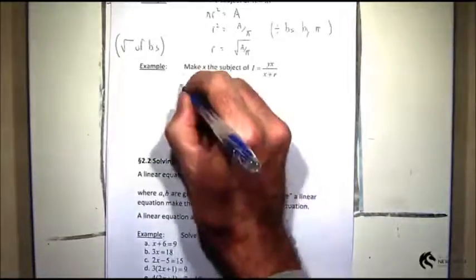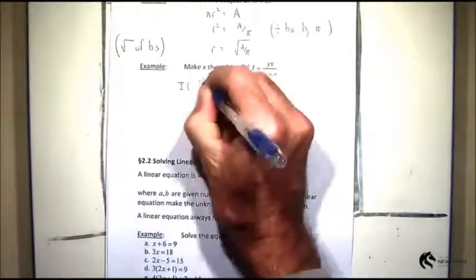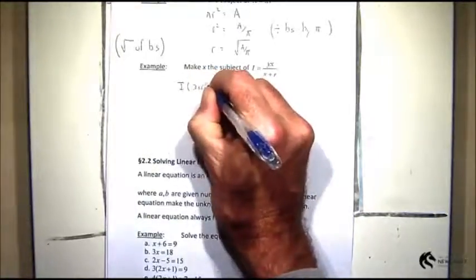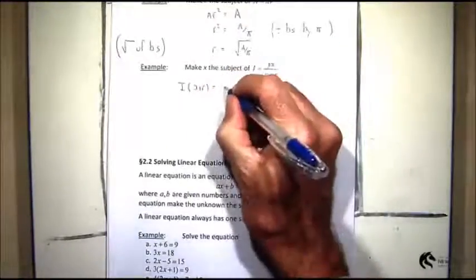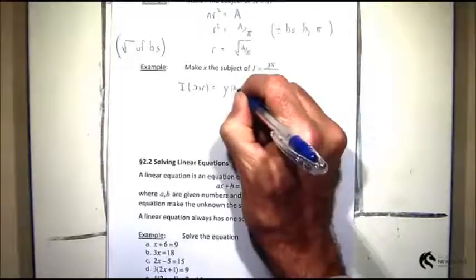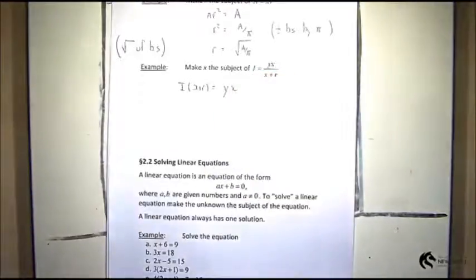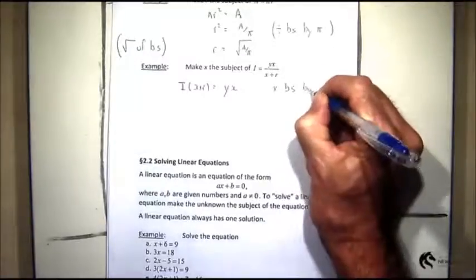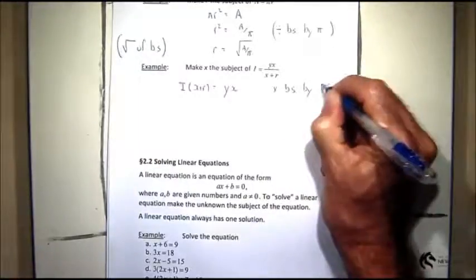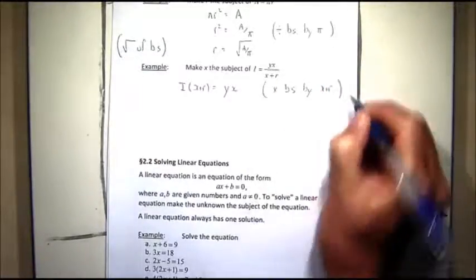So this will be i times x plus r is equal to yx on x plus r times x plus r. So that is just y times x. So I've multiplied both sides by the number x plus r in there.